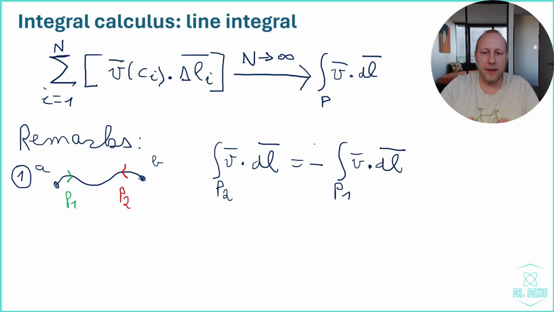So following the curve in the opposite direction gives us the same value up to a minus sign.